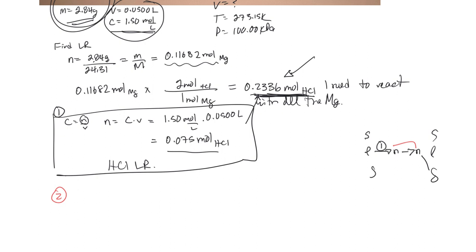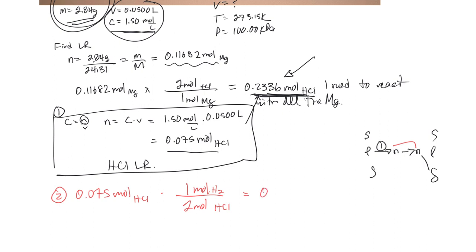And I want to get now moles of hydrogen. So I have 0.075 moles of HCl, I'll multiply that by 1 mole of hydrogen produced for every 2 moles of HCl that gets used up. So I need to take that number and divide it by 2.